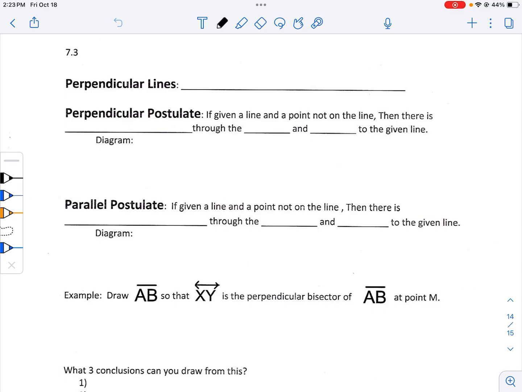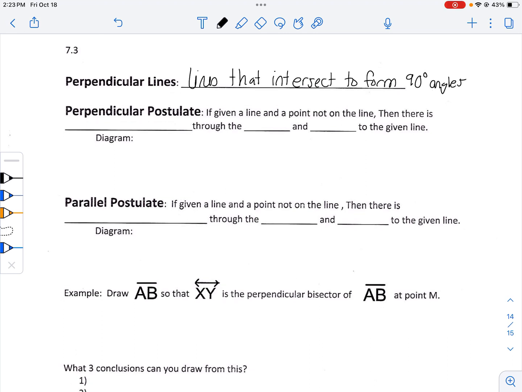By definition, perpendicular lines are lines that intersect to form 90-degree angles.